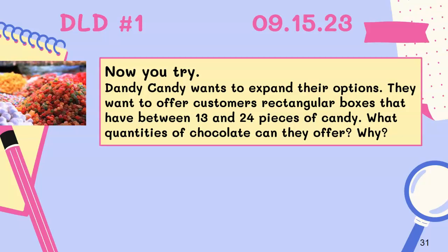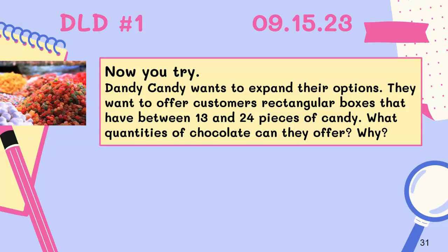Here's where you have to think. Can you create an array? And you have to think what numbers are between 13 and 24. So when you solve this problem, you're going to look for numbers between 13 and 24. So 13, 14, 15, 16, 17, 18, 19, 20, 21, 22, 23, 24.